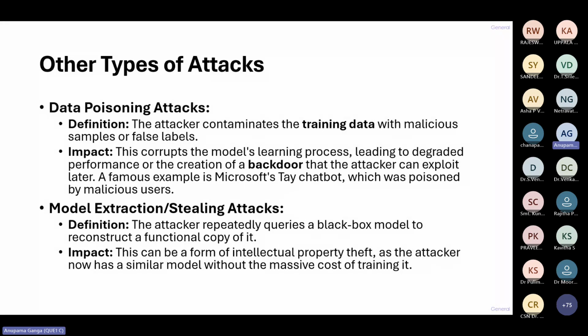They are trying to impact the learning process itself. So data poisoning will undermine the trust.